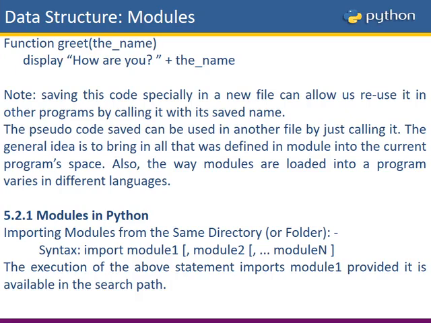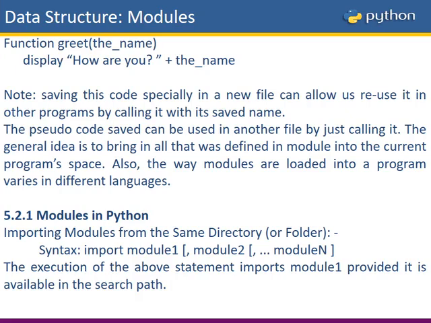What we need is to call the file in the other program. By reusing it in another program, we call it with the same name you used to save it, when you want to use it again.